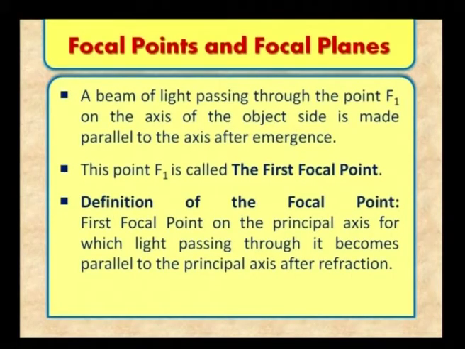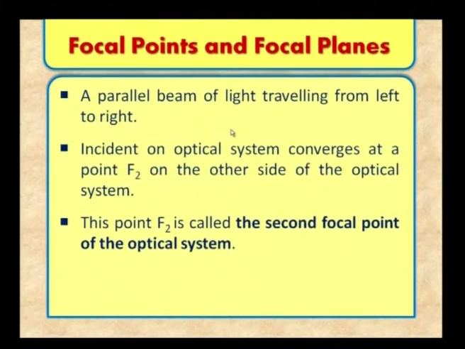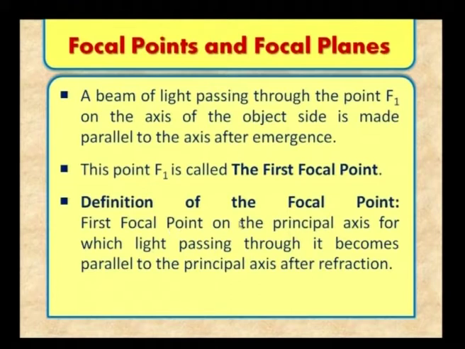So, I mentioned the first focal point and the second focal point. F2 is called the second focal point of the optical system, the image obtained in the image space, where F1 is the one obtained in the object space. The first focal point is a point on the principal axis for which light passing through it becomes parallel to the principal axis after refraction.